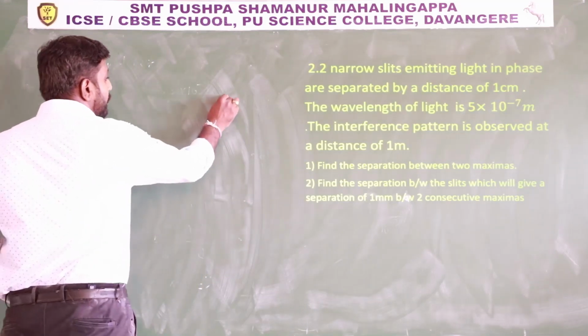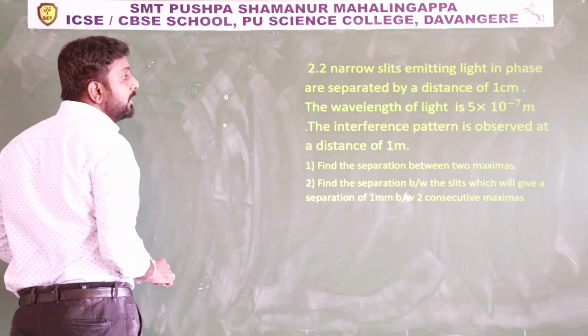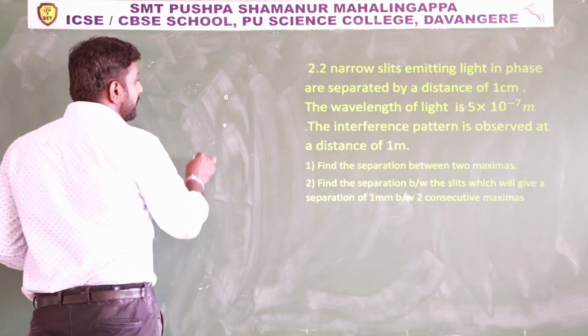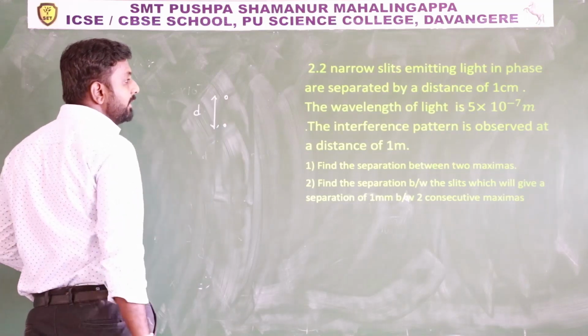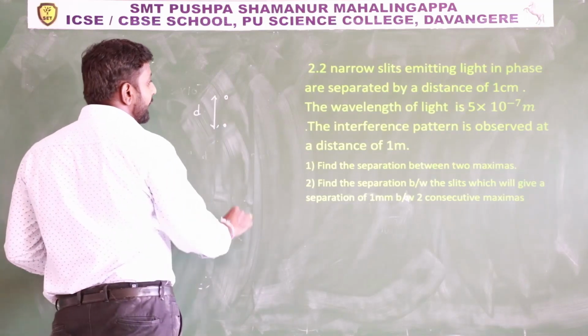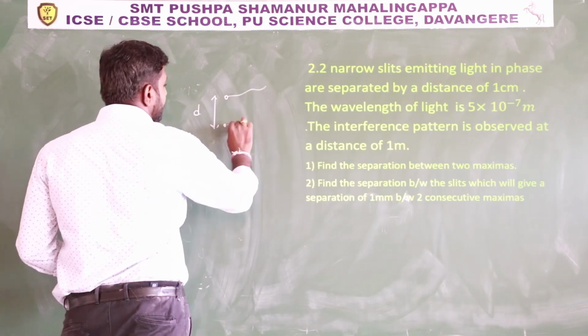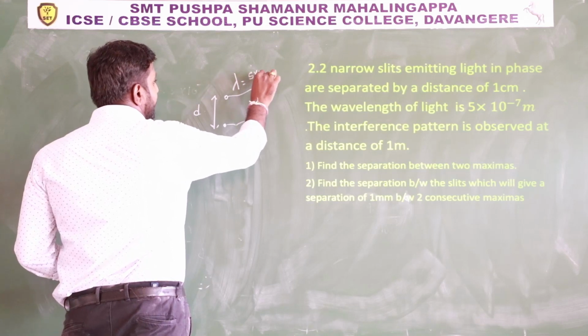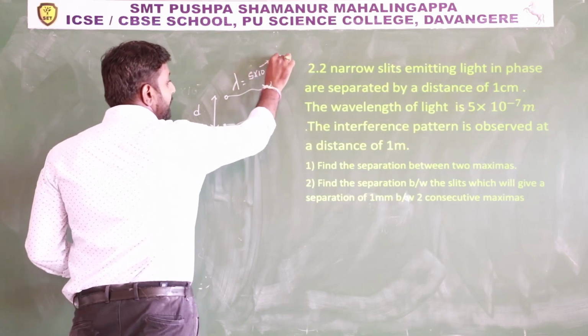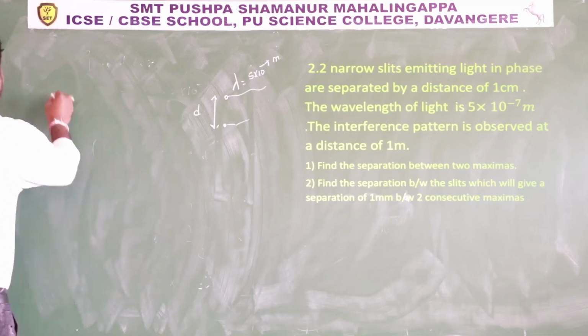These are the two narrow slits, light emitting in phase, separated by a distance of 1 centimeter. The wavelength of light used, that is lambda, equals 5 into 10 to the power minus 7 meters. Lambda value is given.